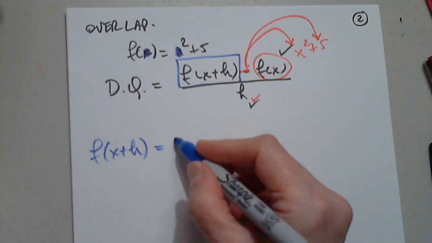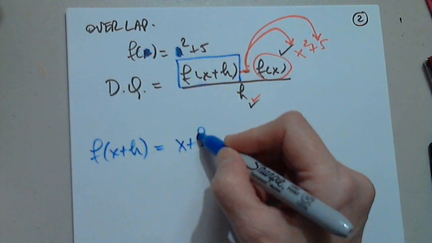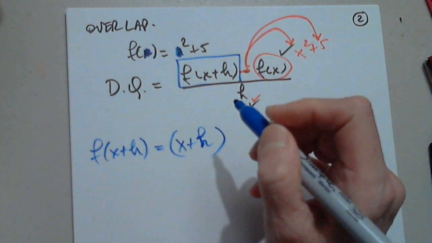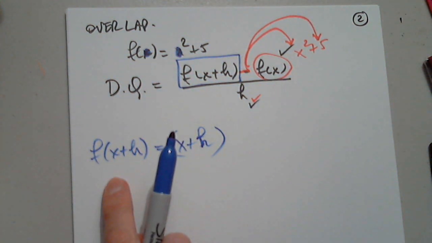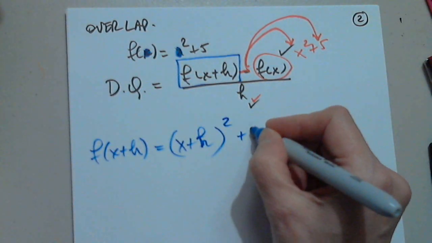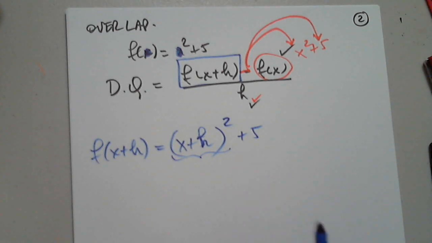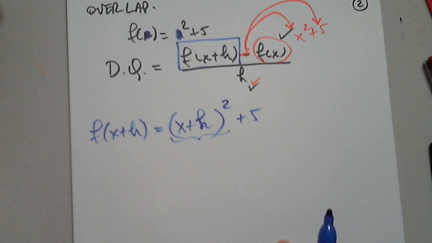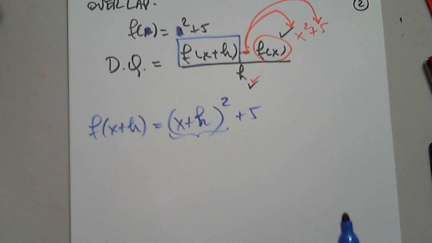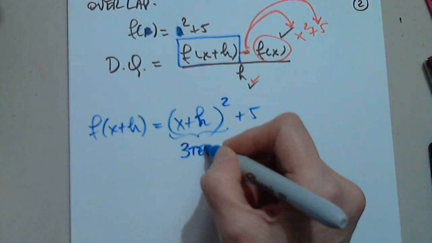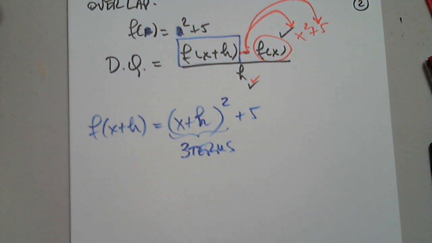So I copy exactly what I see. Oh, but I have to have parentheses because I'm squaring a binomial, plus 5. How many terms does a binomial squared have? 3. Yes. Very good. Okay, can anyone give us those 3 terms?